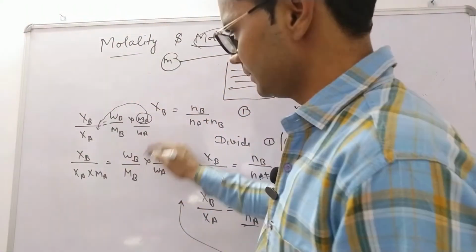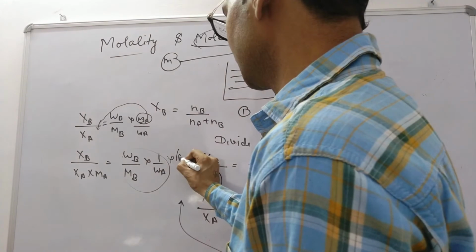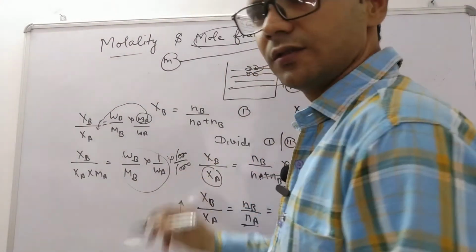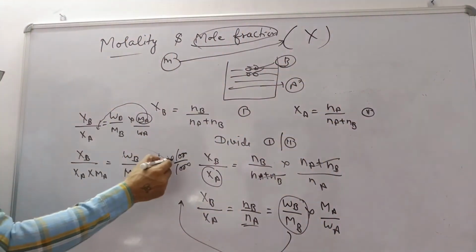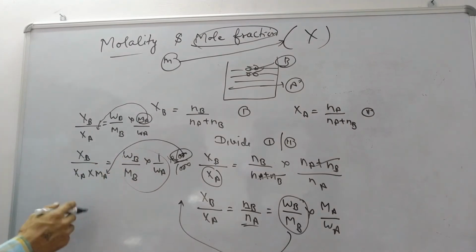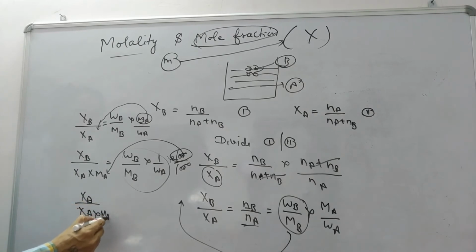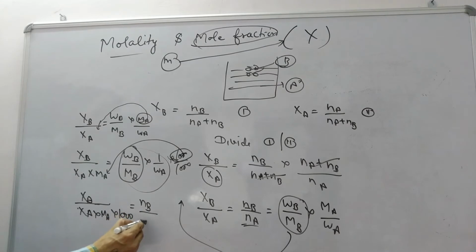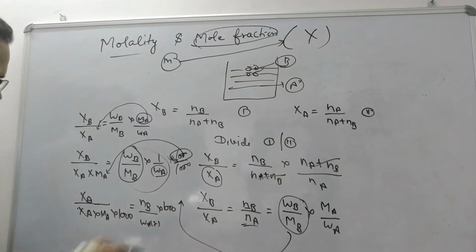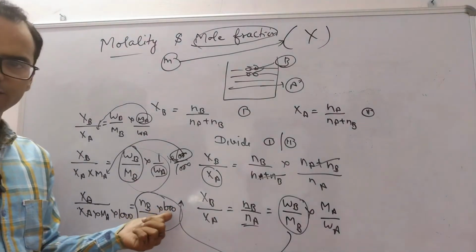If I multiply this with 1000 and divide it with 1000, there will be no change. So just shift this 1000 here in multiply, here it will come here. Xb by Xa into Ma into 1000 equals Wb by Mb, again the moles of solute Nb, by Wa if it is in gram, into 1000. So basically we can write it is a molality, Nb by Wa into 1000.